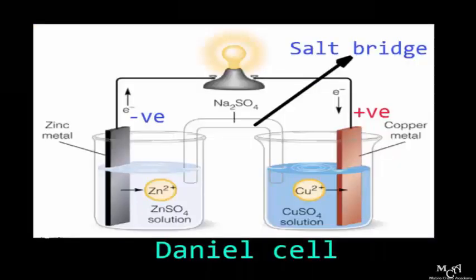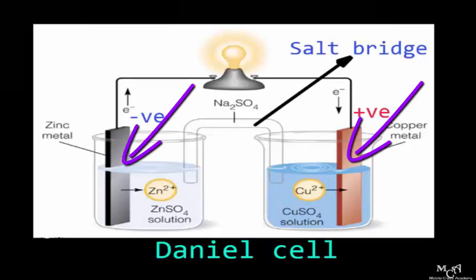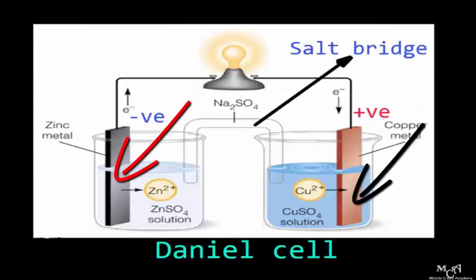The Daniell cell has two poles, which are the cathode and the anode. The cathode is the positive pole. The anode is the negative pole. This is the salt bridge where liquid solutions are being transferred, where there's a movement of liquid from one medium to another.